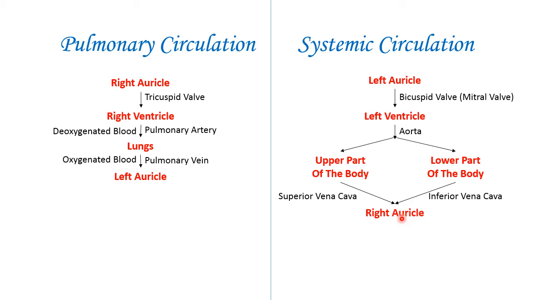The right auricle receives the deoxygenated blood. Again from the right auricle it goes into the right ventricle and the circulation continues. These are the pulmonary circulation and the systemic circulation. If you are learning with the help of the flow chart, the learning will become much more easy.